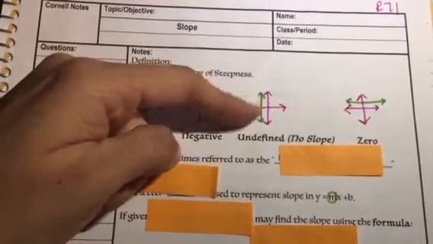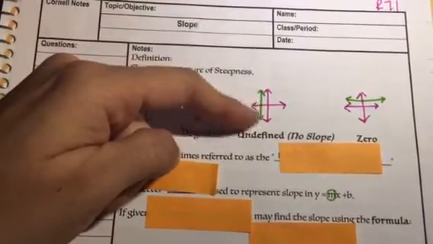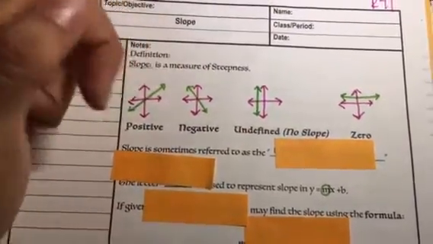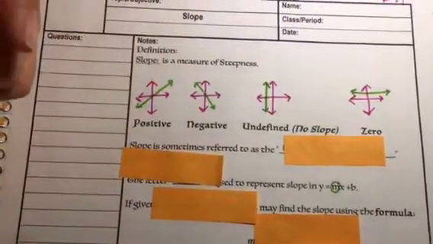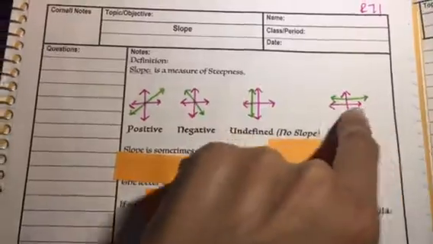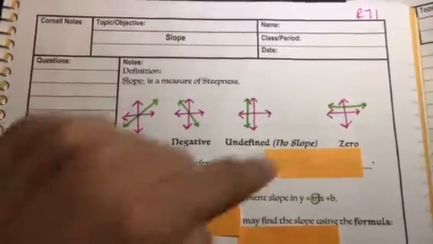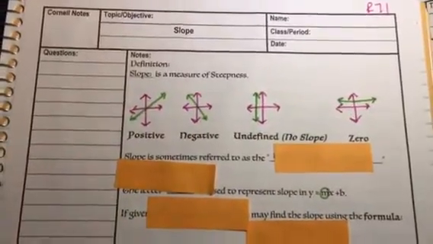Whenever you have a vertical line, there's no slope. This is an undefined slope, and we'll see what that looks like when we actually calculate it in a second. Next, we have a zero slope. Zero slope is like the floor that we walk on every day, the ground that we walk on. So that would be a zero slope.